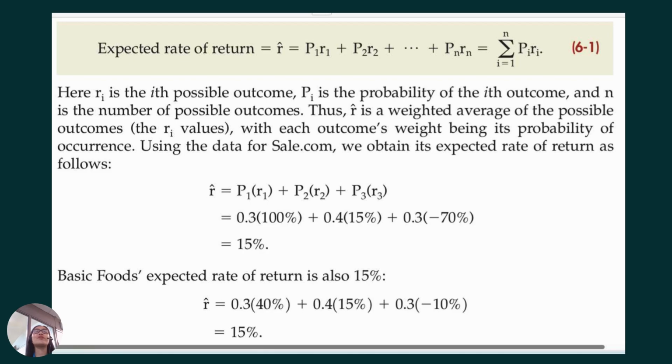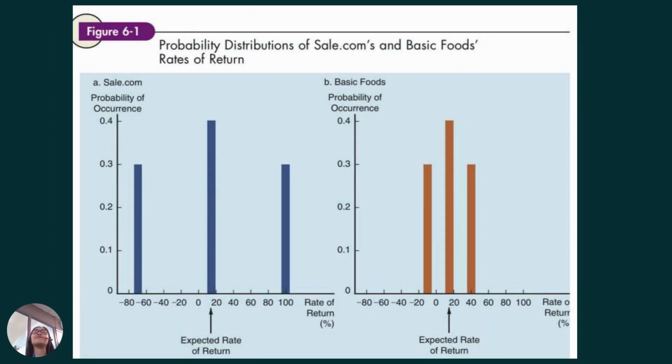So therefore, the expected rate of return is equal to 0.15 or 15%. So that is for Sale.com. How about Basic Foods? R hat equals 0.3 times 0.4 plus 0.4 times 0.15 plus 0.3 times -0.10. So therefore, the expected rate of return for Basic Foods is 0.15 or 15%.